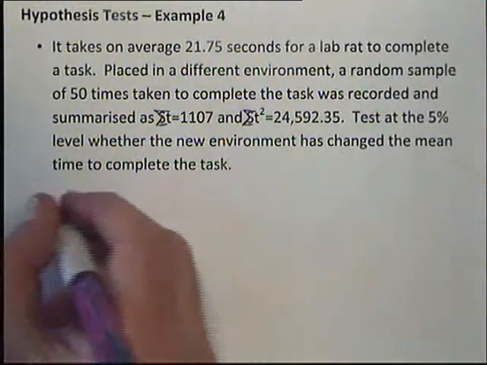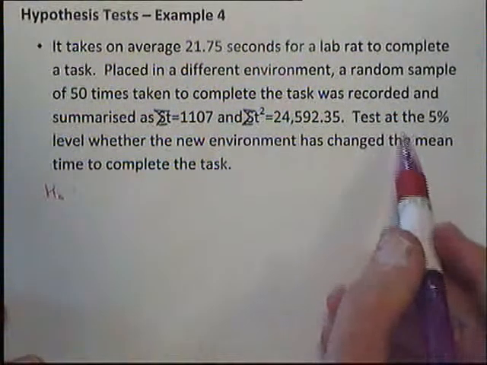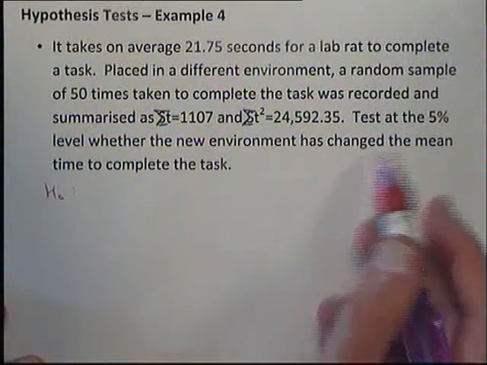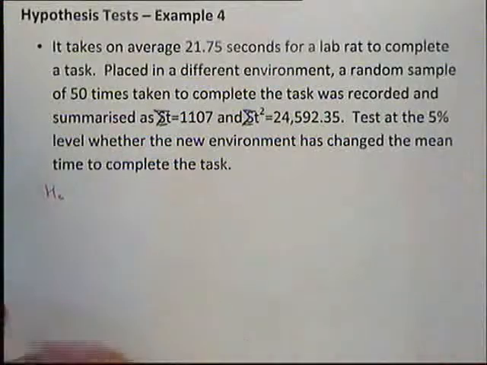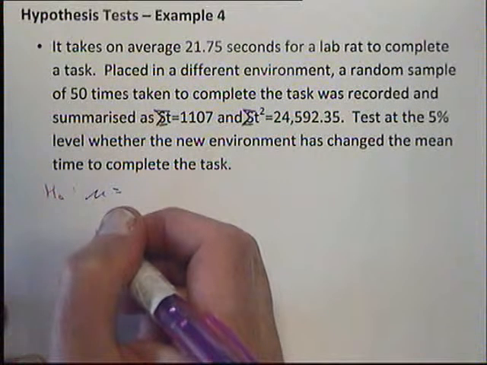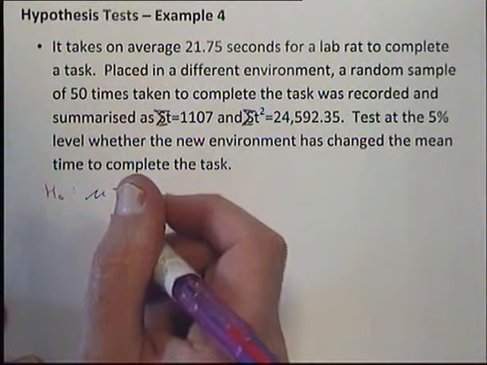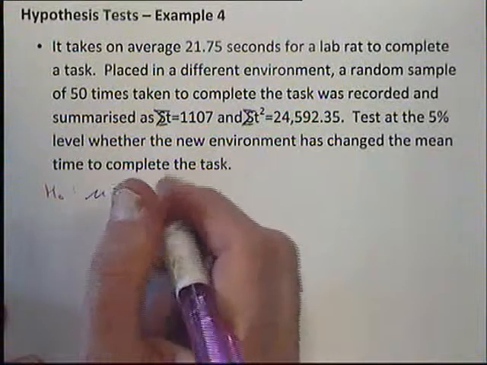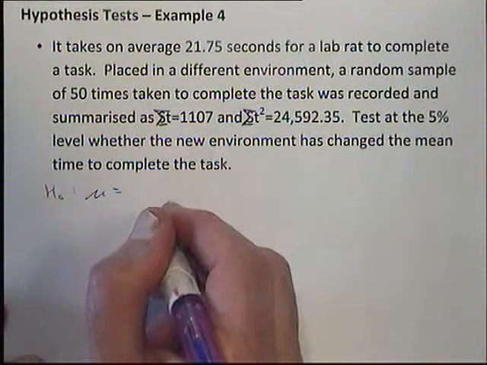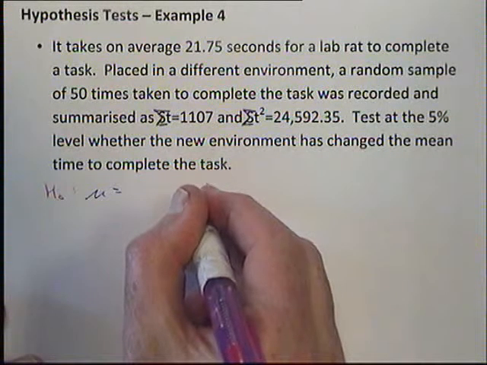So, let's start off. H0. We have to test at the 5% level whether the mean has changed, so H0 will be that it hasn't changed. So it will be mu equals... we're not told what mu is. What shall we do? What is the sum of t over 50?